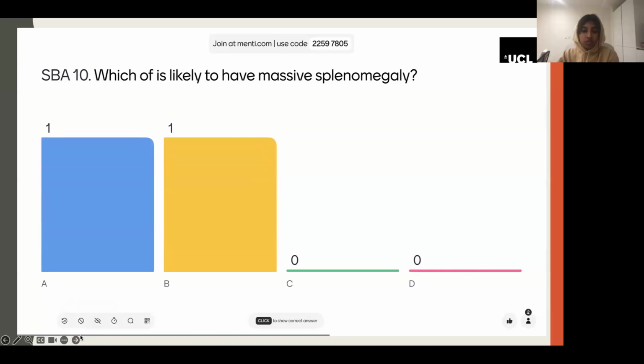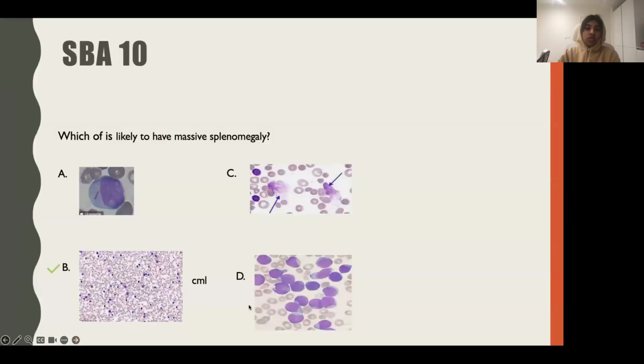So some people think it's A, some people think it's B. Yeah, so the answer is B. B is CML because it's got all the different types of cells, not just blast cells. The way you would know this is CML is because the other three are so distinctive that once you've done all your revision before exam season, you would know these three are characteristic of their specific leukemias, and the last one left over is CML. So the answer is B.